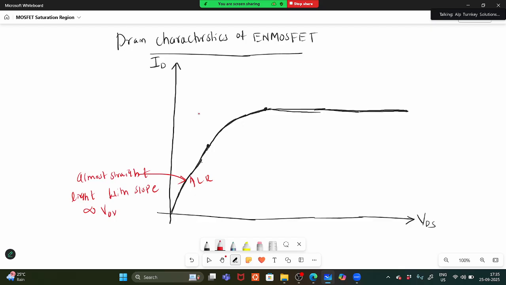Next is the non-linear region. In this non-linear region the curve bends. Why is it bending?